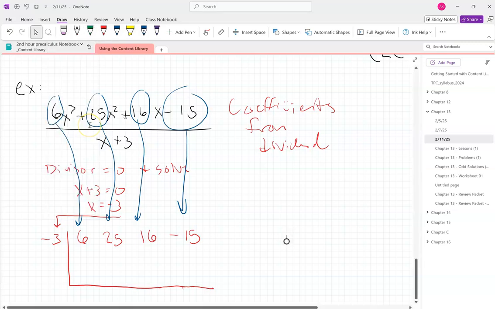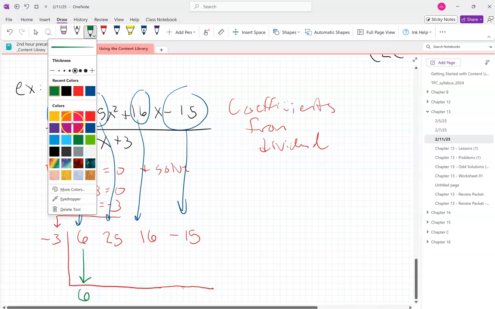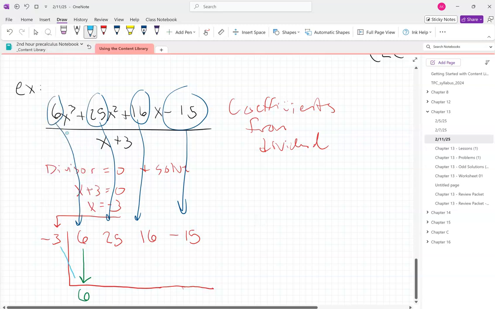So far, so good. I'm going to bring the first number down underneath the bar. That just happens for free. And then I'm going to take that number on the outside, multiply it by that first number underneath, write the answer in the next spot, and then add down.